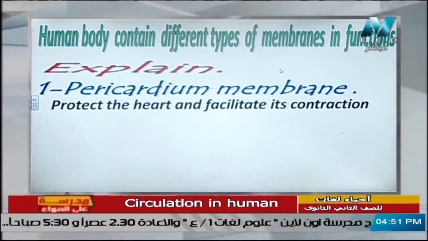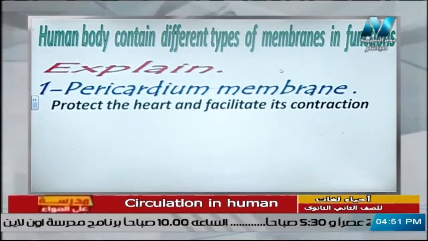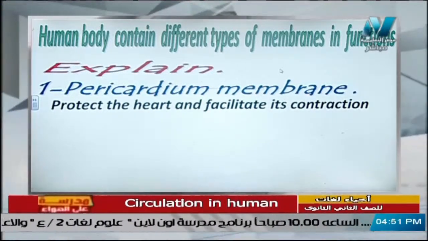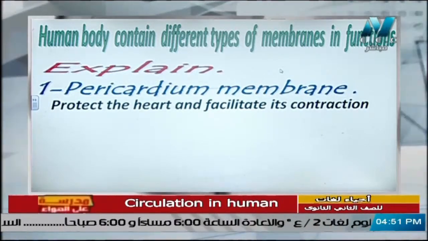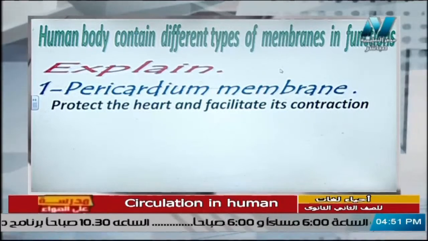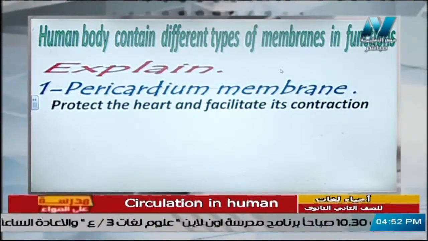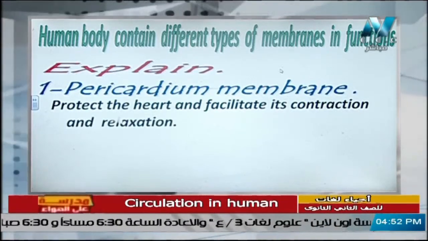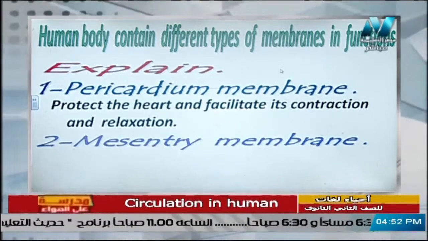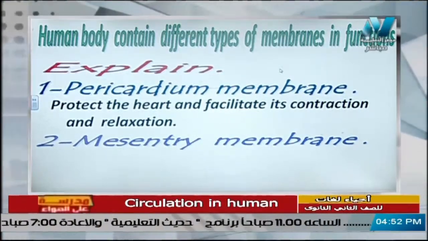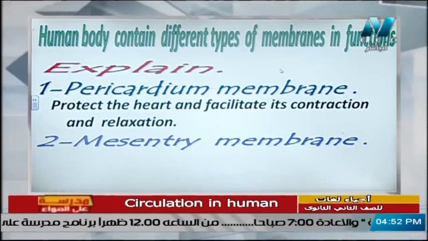The pericardium protects the heart and facilitates its contraction, because it is a cover around it, after the rib cage, not the first thing. Number 2, we have the mesentery membrane. The mesentery membrane exists in the digestive system.